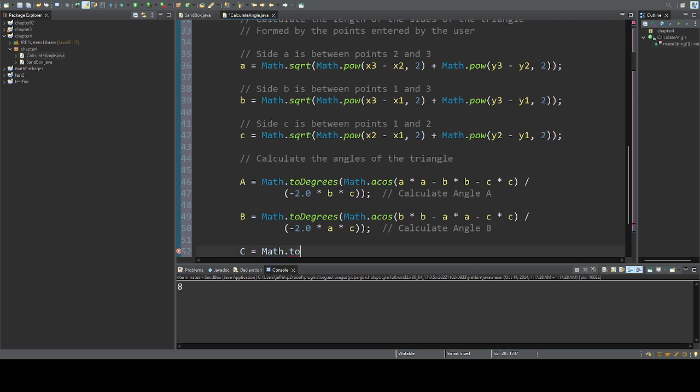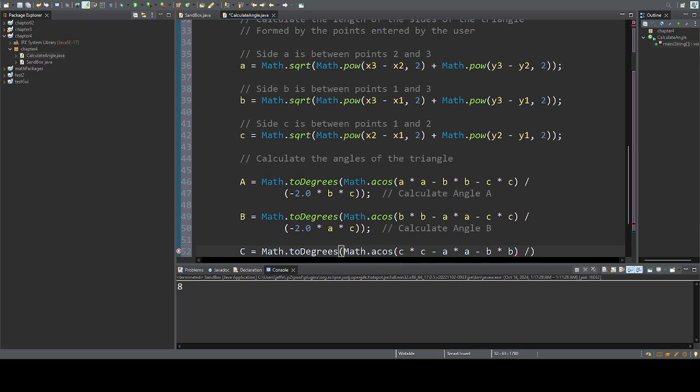Math.toDegrees. I still switch back to make sure you're seeing the actual program. Again, because it's angle C, side C will be the positive one, and A will be the negative, and B will be the negative.